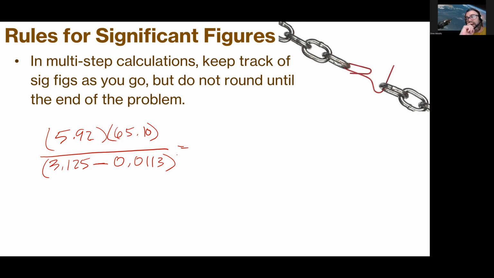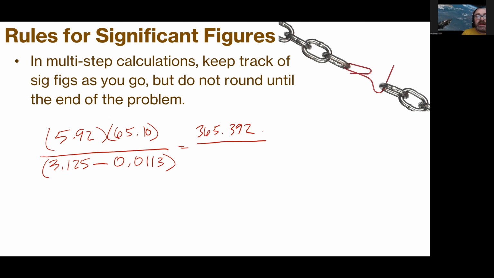Calculator-wise, I multiply the top, 5.92 times 65.10, and get 365.392.